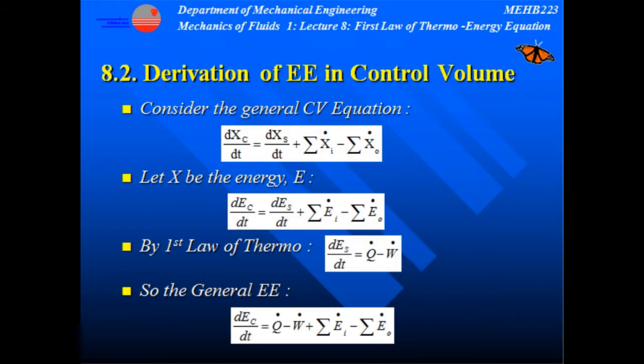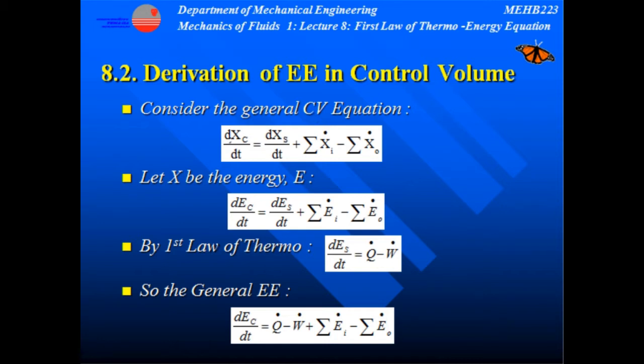So if you still remember in lecture 6, if you go back to the video, I have derived the Reynolds transport equation, which is the tool that is used to analyze the flowing fluid. This is the Reynolds transport equation, which can also be called the general control volume equation.